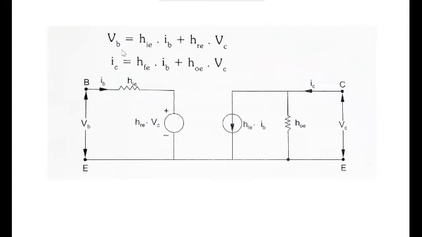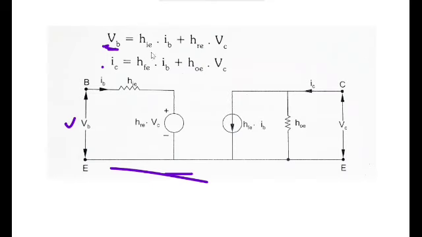This is the common emitter configuration. In this, the emitter is made common. In this circuit we again have two equations, the first equation and the second equation, and in each equation we have two terms. If we see V1, the input voltage, in the common emitter configuration V1 is VB, so we have written VB in place of V1.